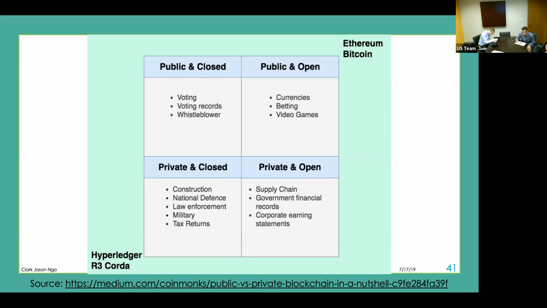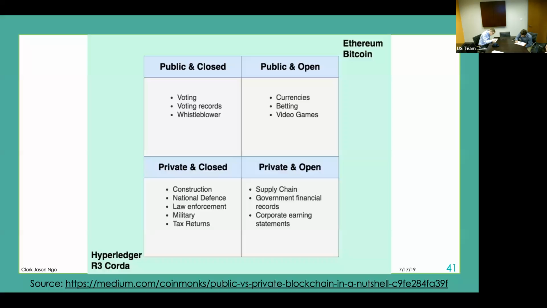Public and open would be currencies like cryptocurrencies. Anyone can participate, anyone can buy and sell. Private and closed, you don't want any other involvement from non-participants. So military, tax return, contract, construction.